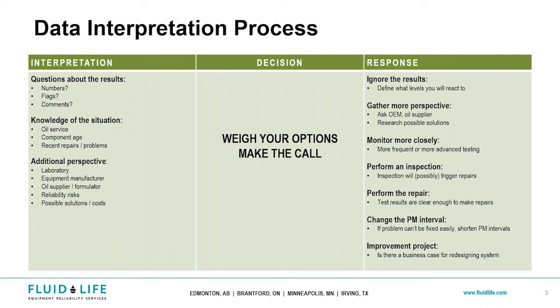That's where you want to see what frequency and basis you're doing testing on and what kind of testing you're doing, and see if you need to make changes to that. Maybe you need to add another scheduled sampling interval, or shorten a drain and flush interval. And that's tied directly with inspection and repairs as well.